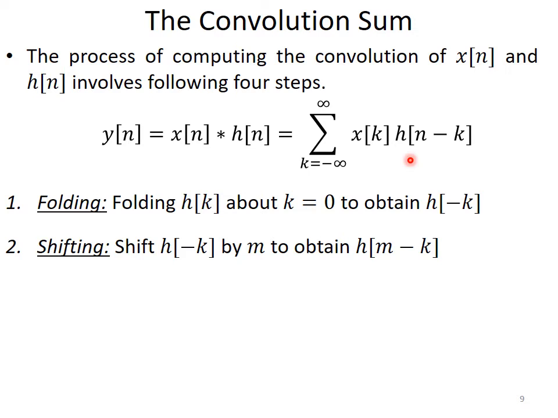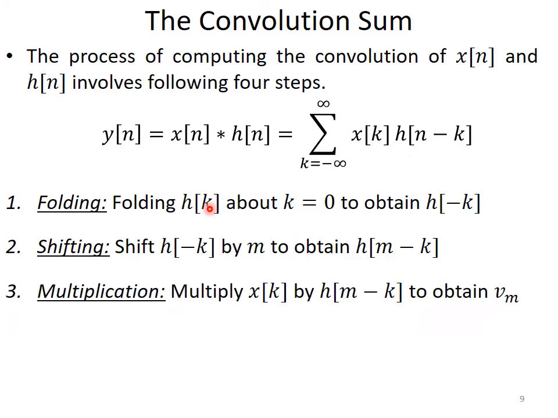So the next step would be shifting h of minus k by n units to obtain h of n minus k. Then obviously these two are multiplied together: x of k and h of n minus k are multiplied together. So multiply x of k by h of n minus k, and let's call it v n.